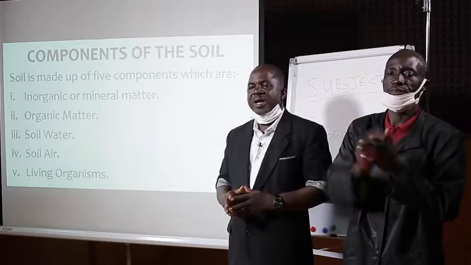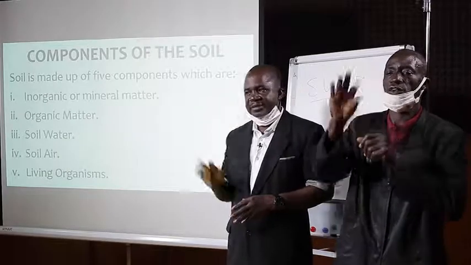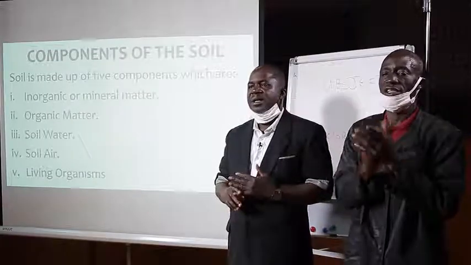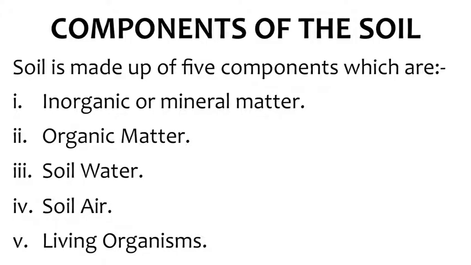Soil is made up of 5 components. And these 5 components are 1, inorganic matter or minerals matter, 2, organic matter, 3, soil water, 4, soil air, and 5, living organisms.